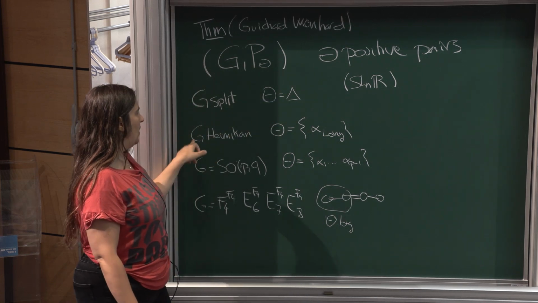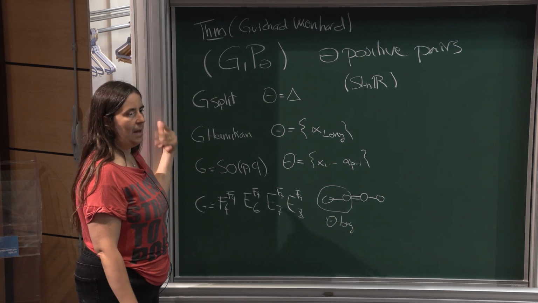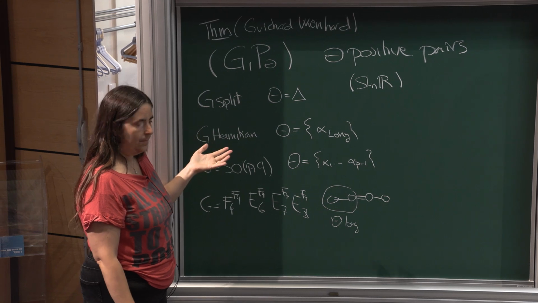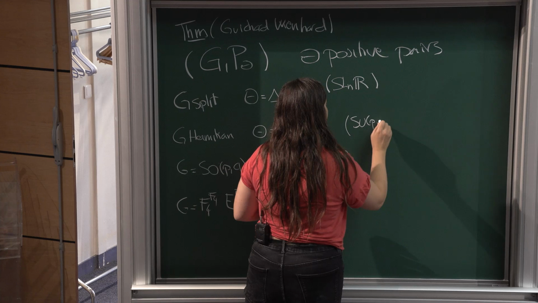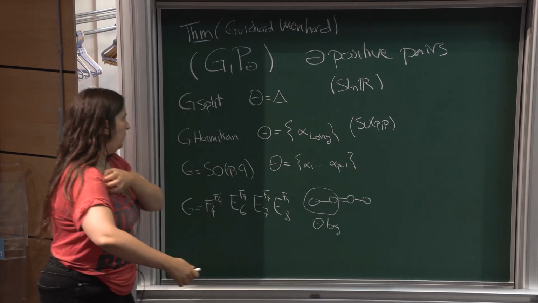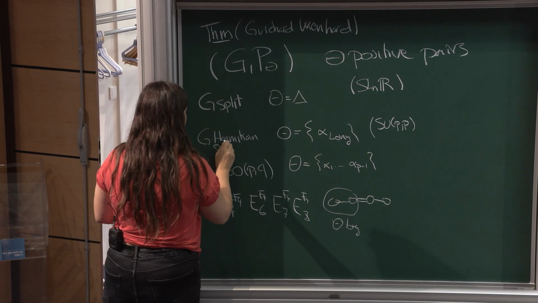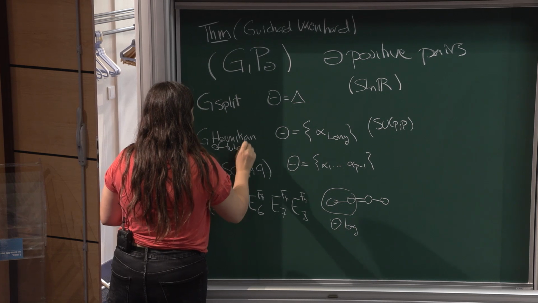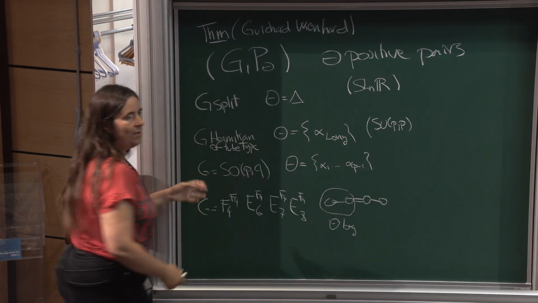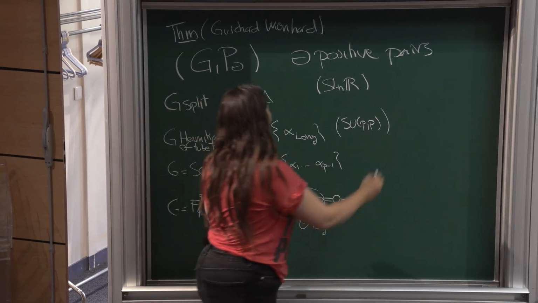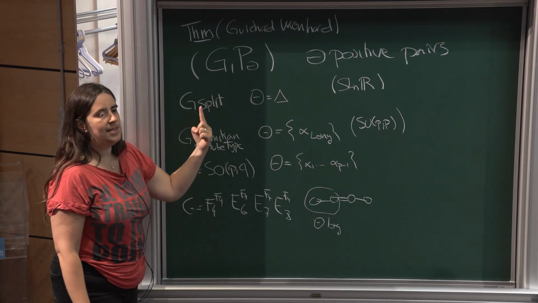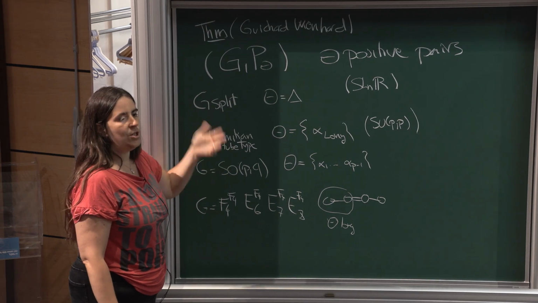The second case is when G is Hermitian, which means that the symmetric space admits a complex structure, and I want Hermitian of tube type, for whoever knows what that means. Otherwise, you think of Sp(2n, R). That's one example, and it's in the exercise sheet. Then theta is one single root, the long root.